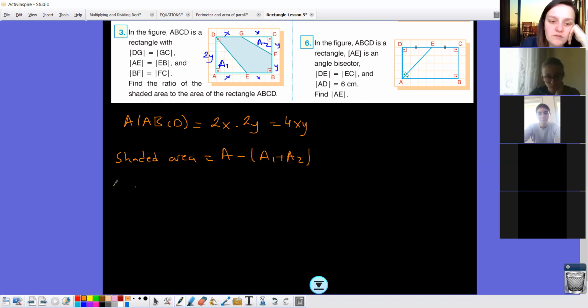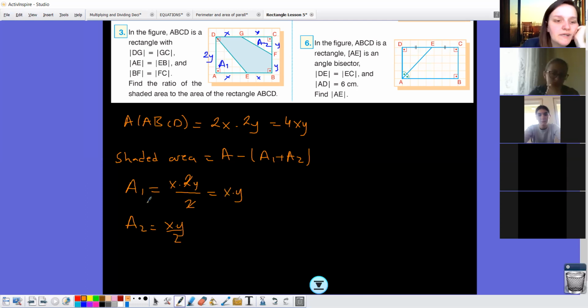Let me find A1. A1 is a right triangle. It will be x times 2y over 2. These 2's go, so A1 is x times y. A2 is also x times y over 2.